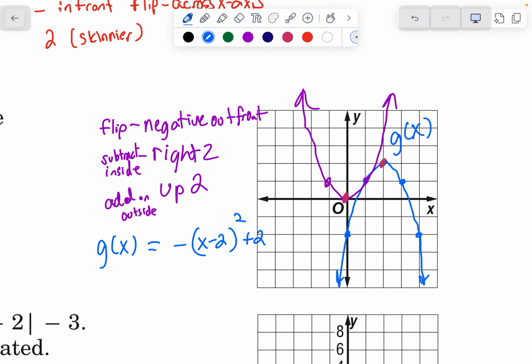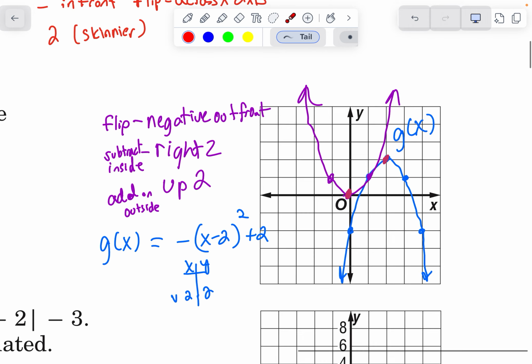Now, one of the best ways to check your work is that your equation and your graph should always verify each other. If you plug in 2, that's my vertex, I better get 2, that's this point right here. If I plug in 2, I better get a height of 2.